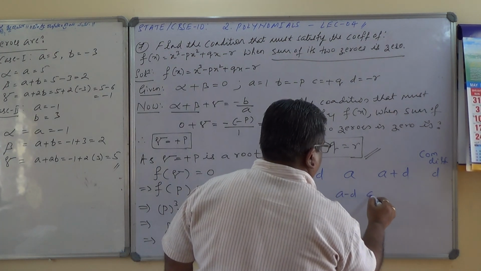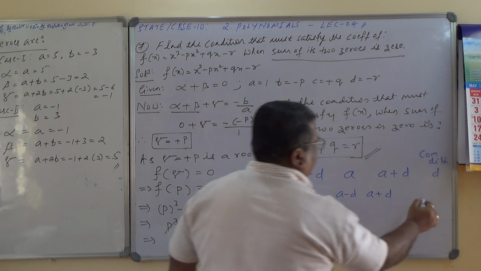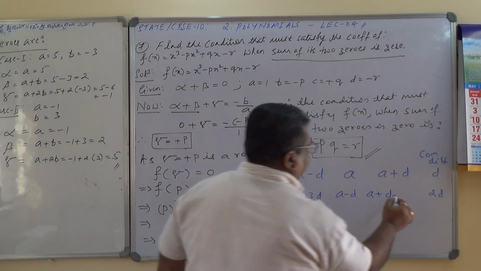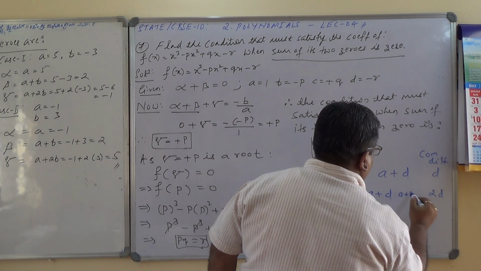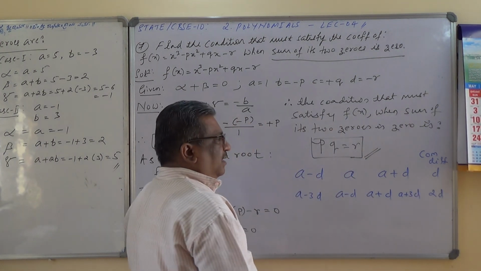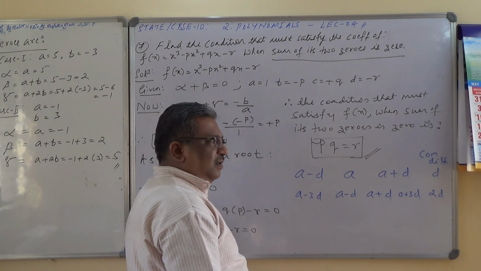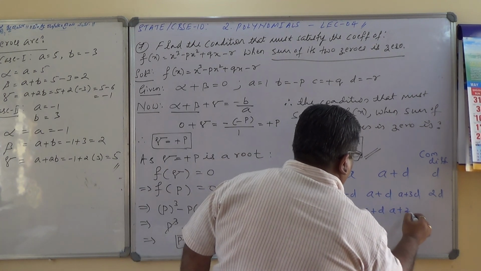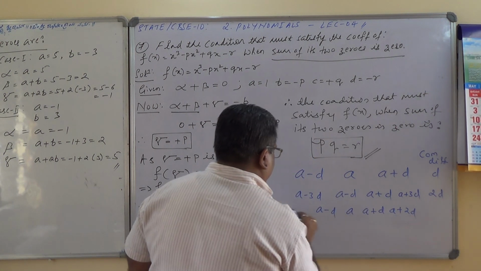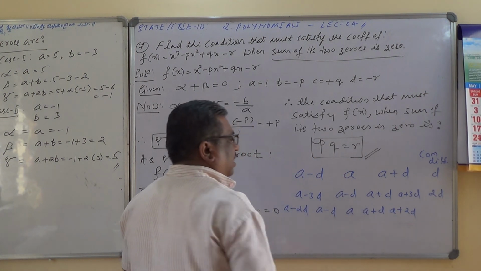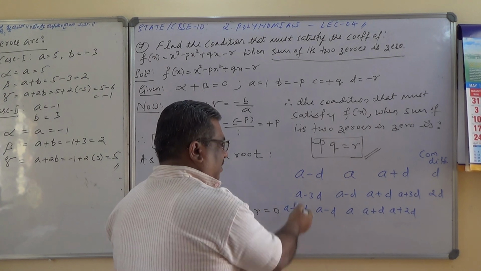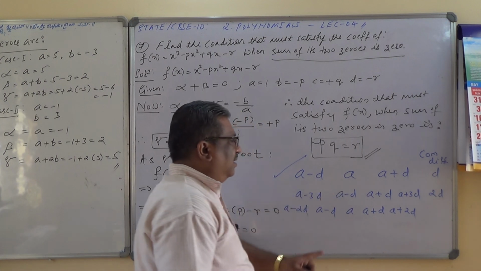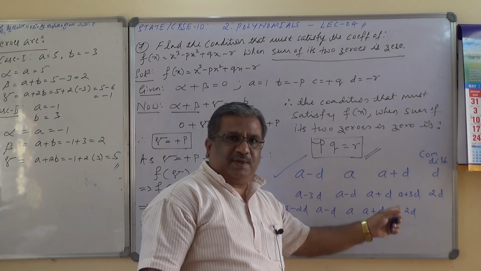A minus D, A plus D, the common difference will be 2D, and hence this is A minus 3D, and this is A plus 3D. How do you select the five terms? A plus D, A plus 2D, A minus D, A minus 2D. How do you select the six terms? Use this sequence. So selection of the three terms in AP is A minus D, A and A plus D.